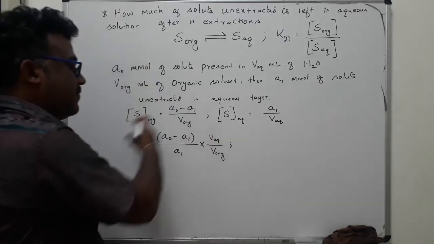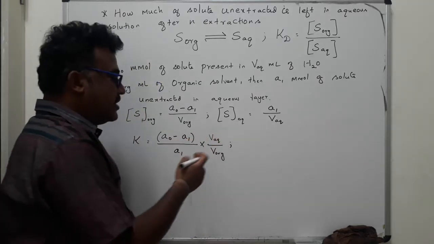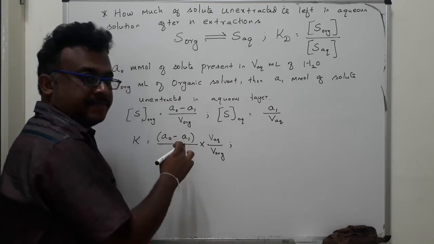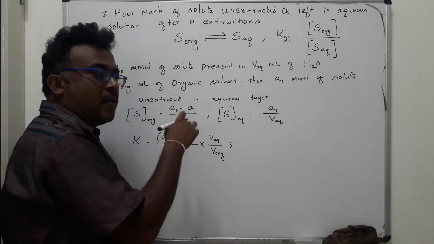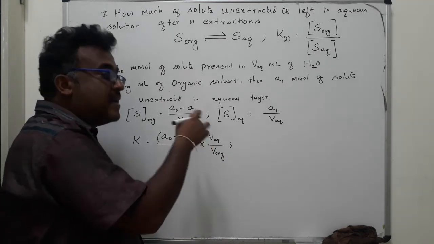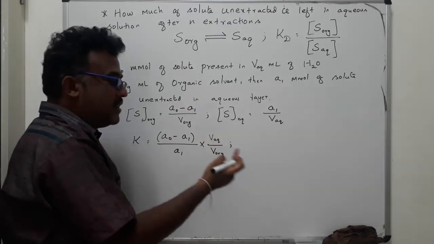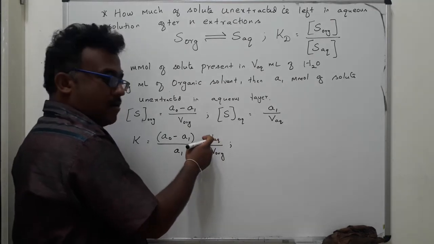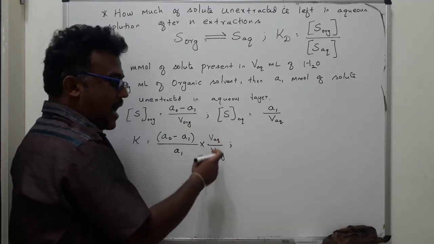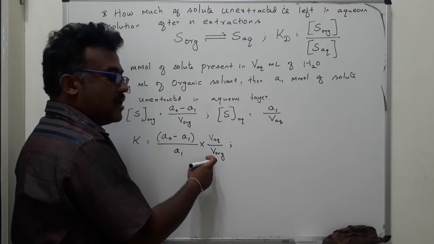Now this equation needs to be rearranged with respect to the A1 parameter, that means how much millimole of solute is left when you have used V ml of aqueous solution as well as V ml of organic solution in one extraction.